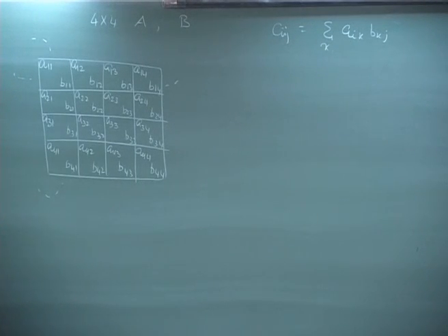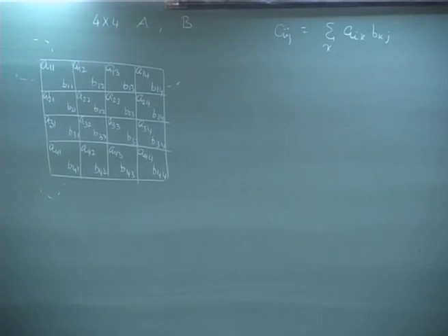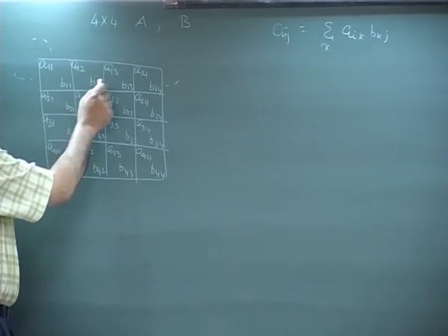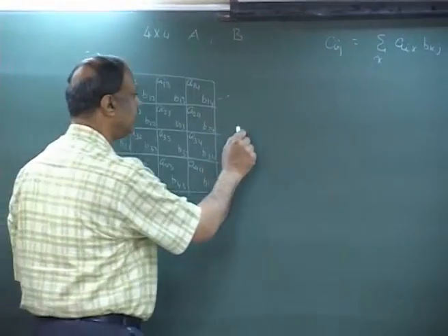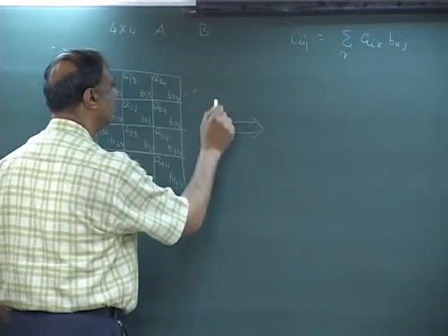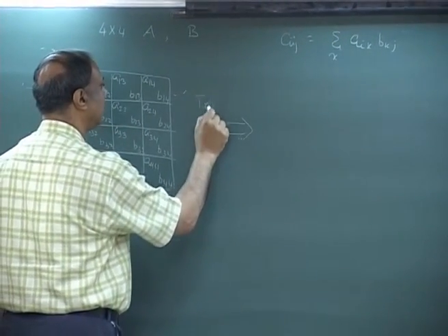In order to make it multipliable, if I make matrix B a transpose of the matrix, then you will observe that it is multipliable. So I transpose matrix B, which I discussed in the last class, how to do the transpose.